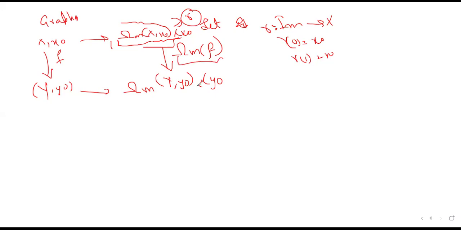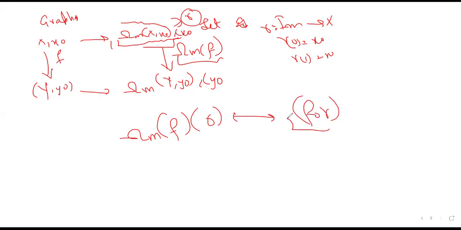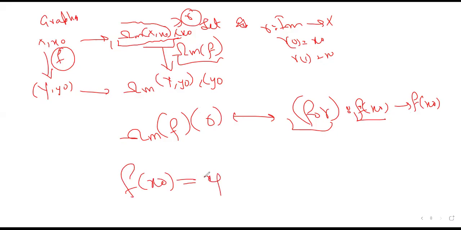Where omega m of f sends this morphism gamma, it is sent to f of gamma. Okay, what is f of gamma? It is a morphism from f of x naught to f of x naught. As we know, f is a graph homomorphism. We send the base point f of x naught to the base point y naught, where y naught is the base point in the graph y.